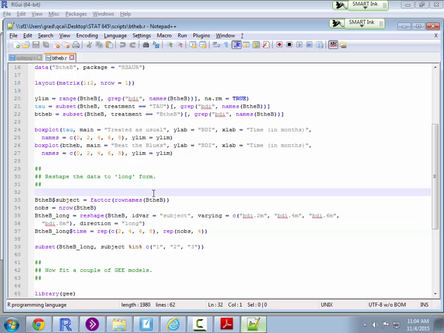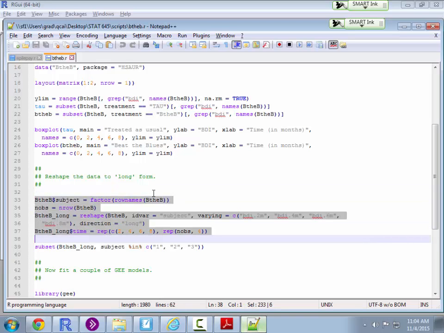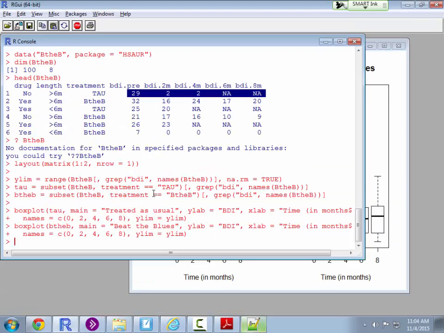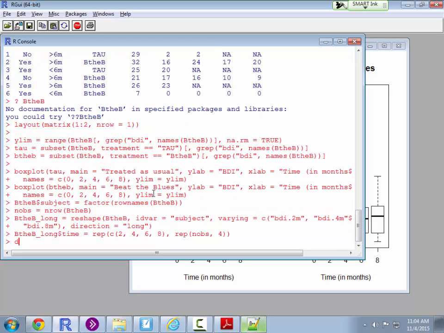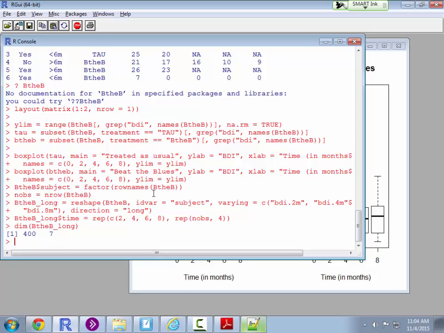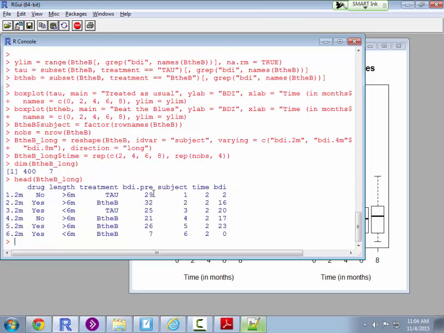This is going to give us a new version of our data set. We now have 400 by 7. Looks like this now.